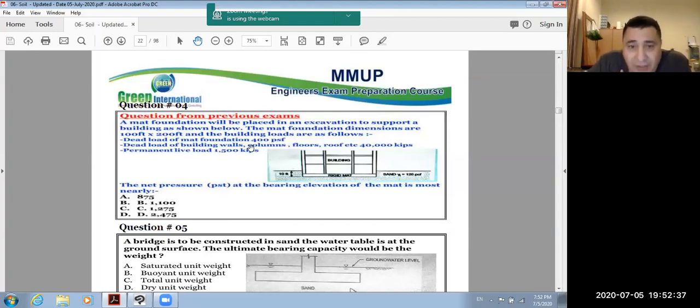He already gave it to you. So the pound here, is this pressure or force? Weight or pressure? A dead load of mat foundation is equal to 400 psf.